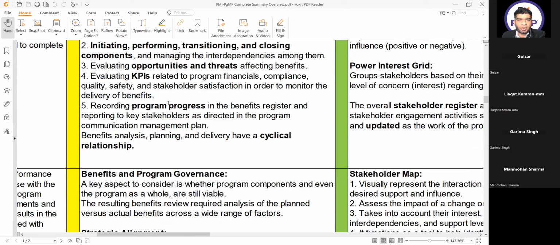Recording program progress in the benefits register and reporting to key stakeholders as directed in the program communication management plan.